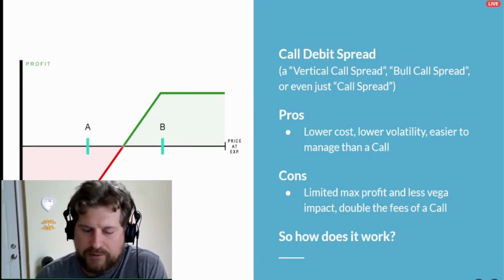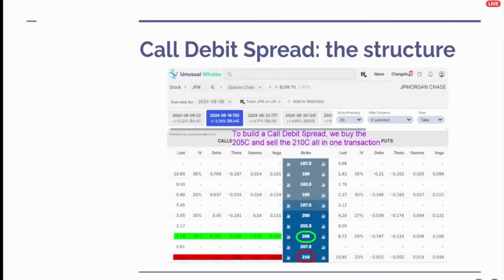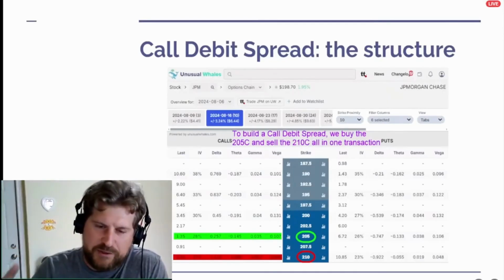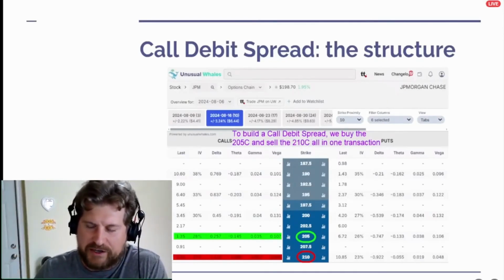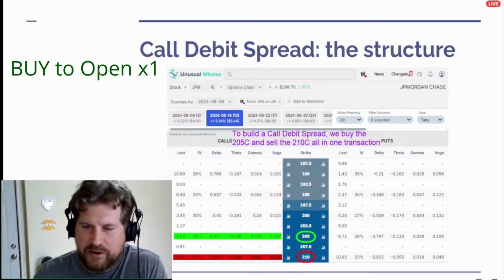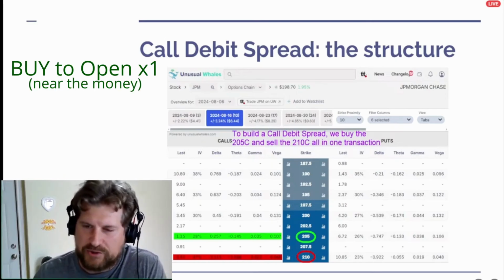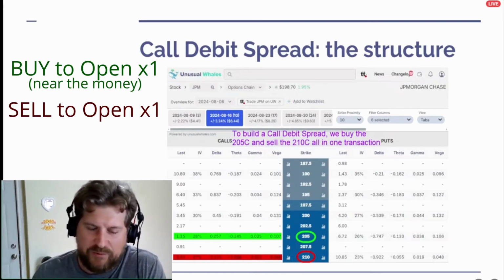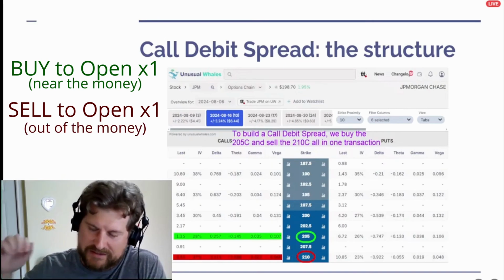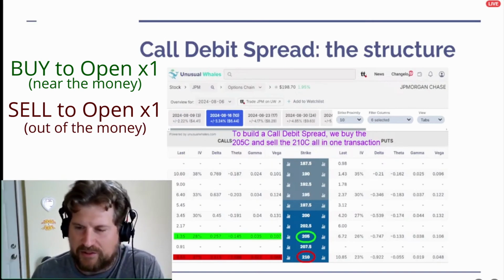So how does a call debit spread work? Well, you have two legs, a long leg and a short leg. You're buying one call that's closer to the money, and you're selling one call that's further out of the money than the long leg.